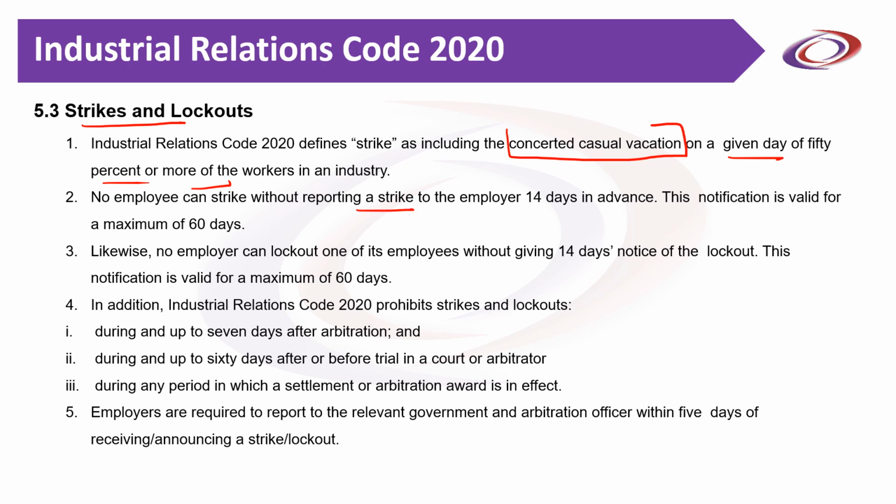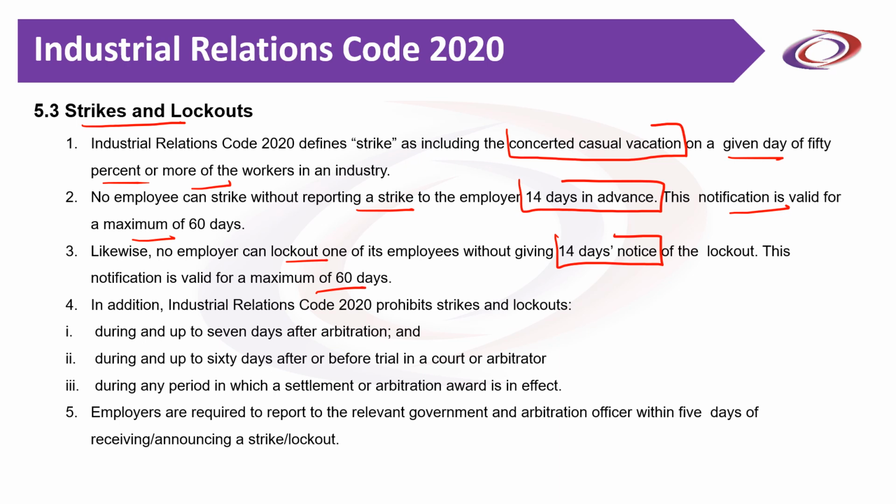They have to give a notice 14 days in advance, and this notification is valid for a maximum of 60 days. Without giving prior notice, a strike cannot be done. Likewise, no employer can lock out its employees without giving 14 days prior notice before the lockout. Again, this notification will be valid for 60 days.